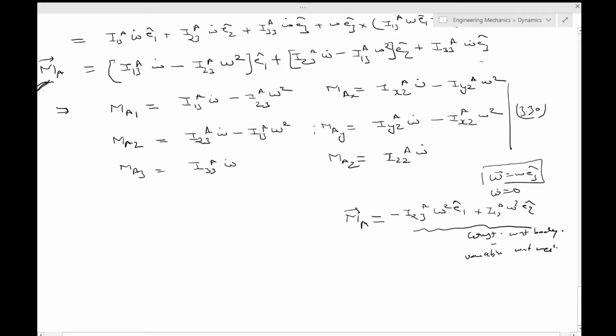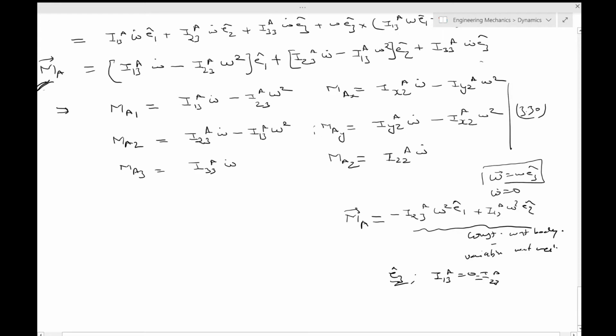Now in this particular case, if you have E3 as the principal axis, then we have learned before that I13 and I23 will be equal to 0.